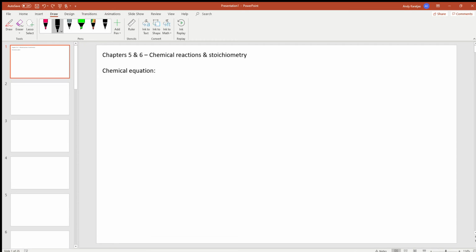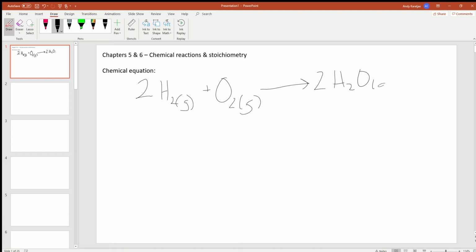So let's say we have the following equation. Here's a fairly basic chemical equation.